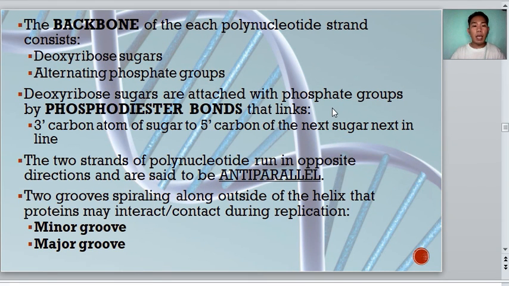In a DNA, we have the backbone, and the backbone of each polynucleotide strand consists of deoxyribose sugar and alternating phosphate groups.